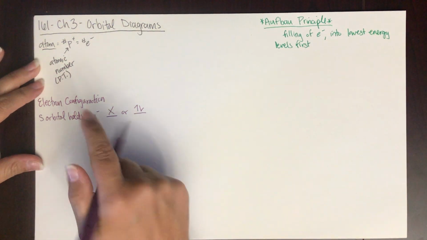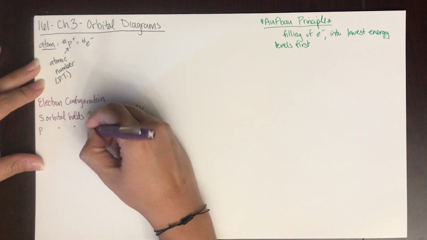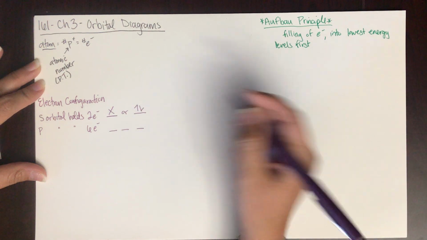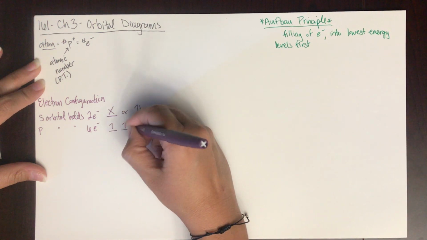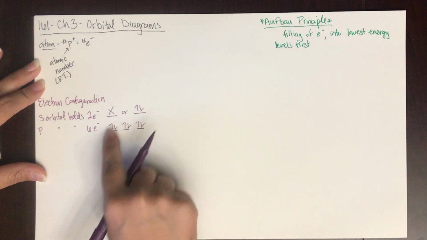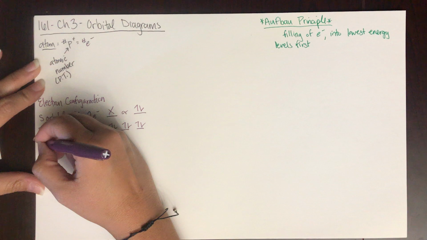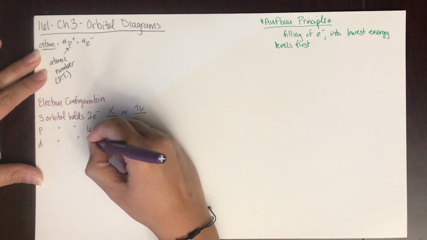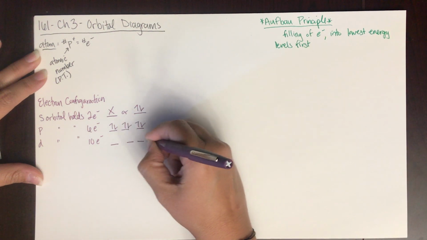So the s orbital holds 2 electrons. The p orbital holds 6 electrons, so it's going to look like this: 3 lines, and then 1, 2, 3, 4, 5, 6. That's the 6 electrons in the p orbital. The d orbital holds 10 electrons, so that's going to mean 5 dashes.